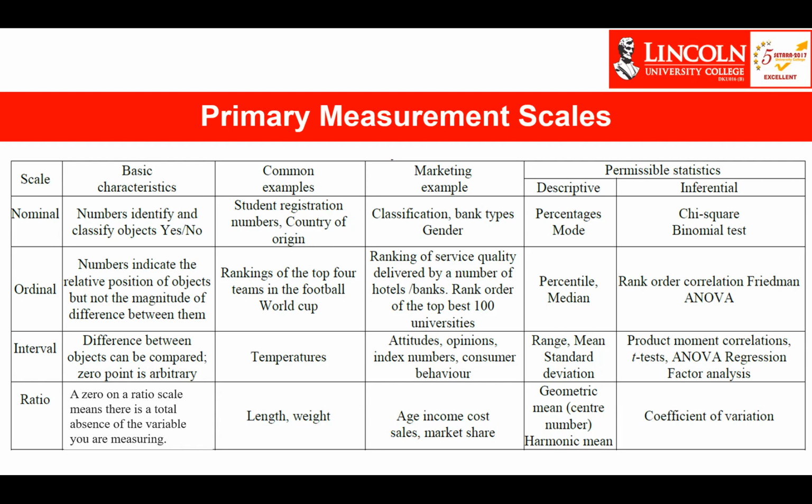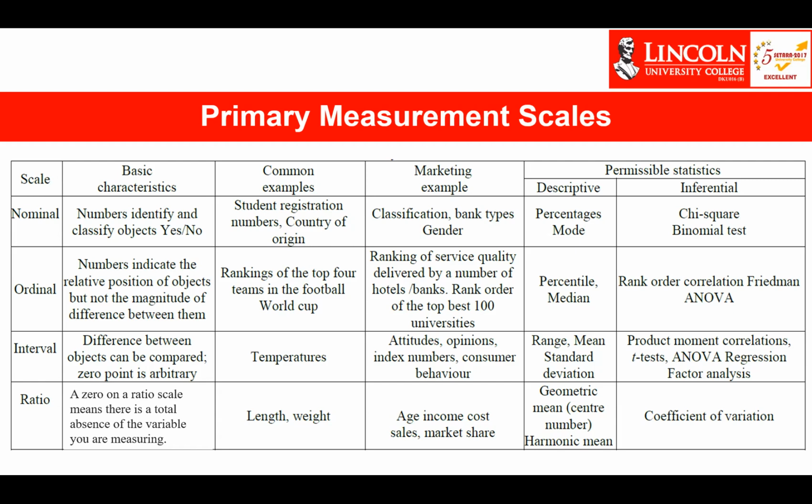For the ordinal scale, the basic characteristics include numbers that indicate the relative position of objects, but not the magnitude of difference between them. A common example could be the ranks of the top 4 teams in the football World Cup. The marketing example for this kind of scale includes a ranking of service quality delivered by a number of hotels, when we have satisfied, strongly satisfied, not satisfied, agreed, strongly agreed, all those kinds of things.